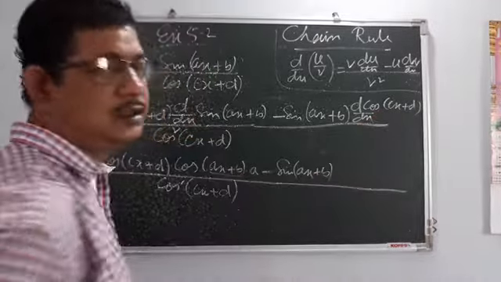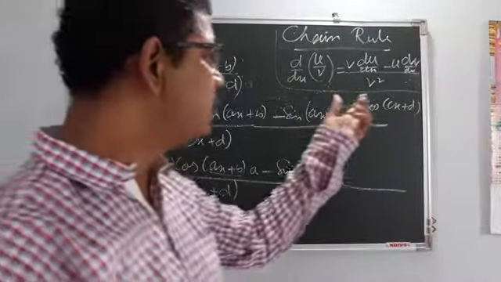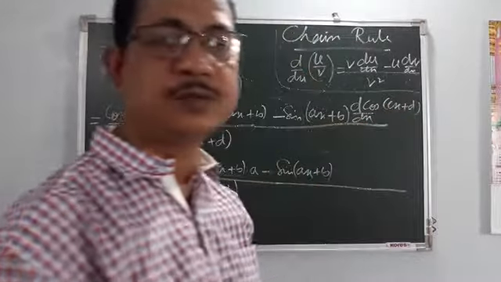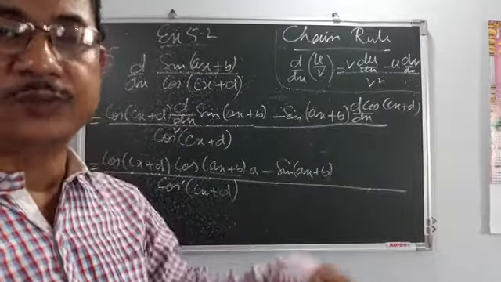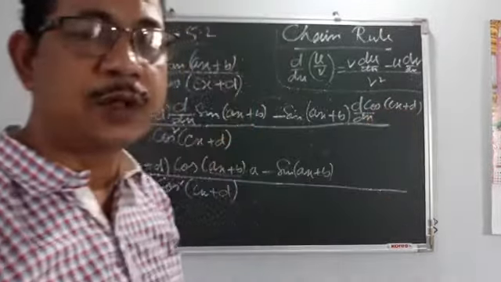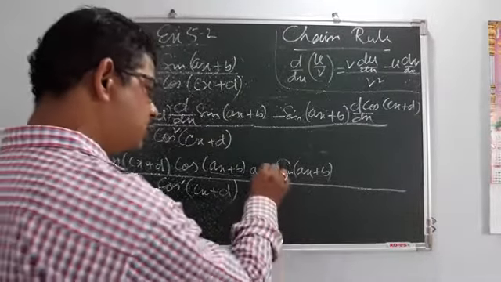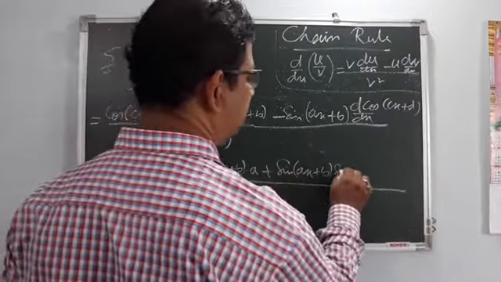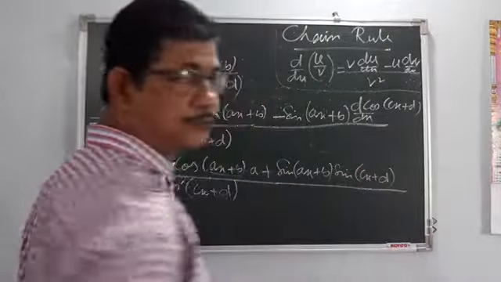Now if we differentiate cos(cx+d) with respect to cx+d, the answer will be minus sin(cx+d). So it will be plus, and it is sin(cx+d).